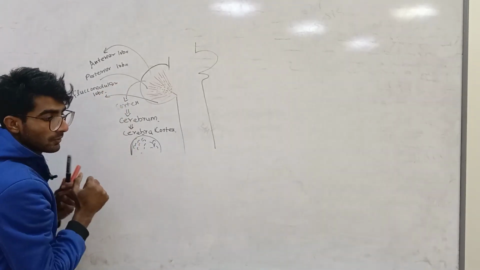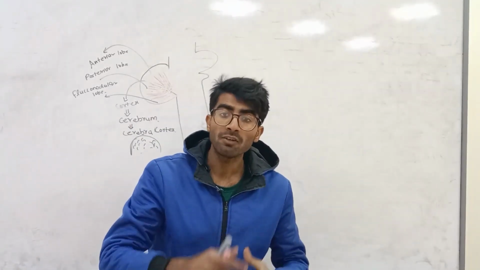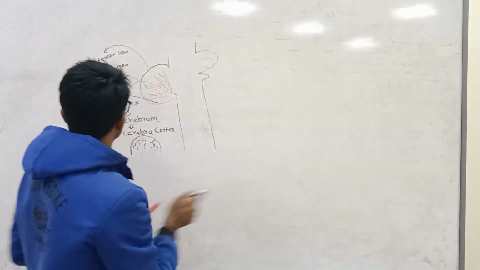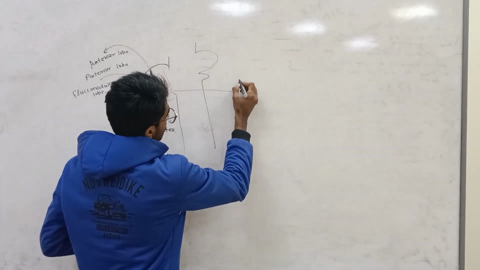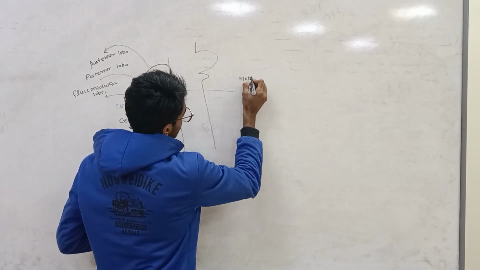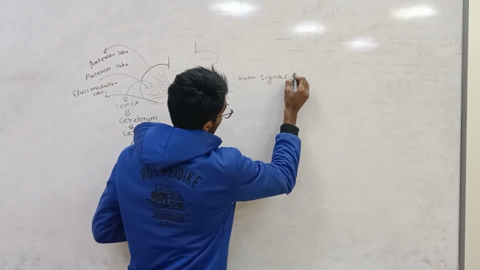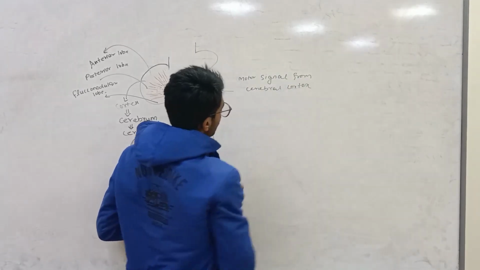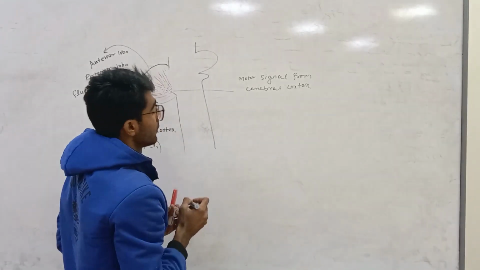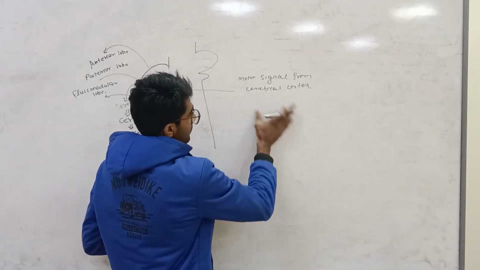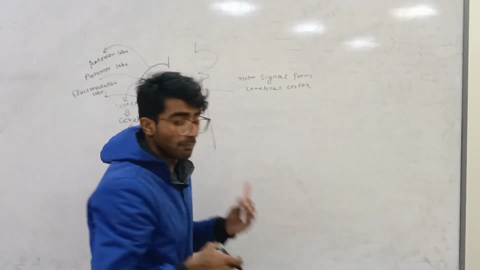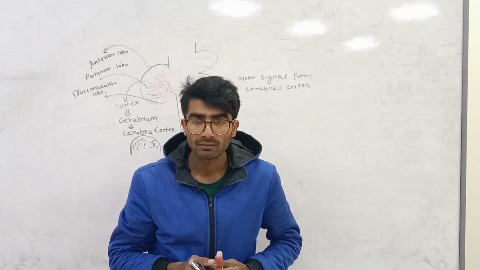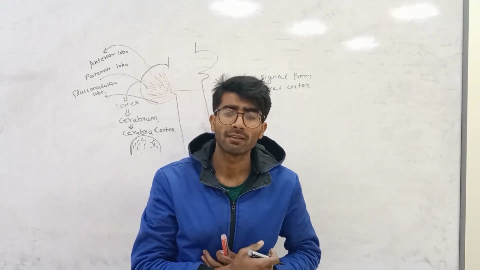The function of these lobes is to guard the motor signal from the cerebral cortex. They get motor signals from the cerebral cortex, and also they get signals from motor cortex structures like the primary motor cortex, premotor cortex, and supplementary motor cortex.